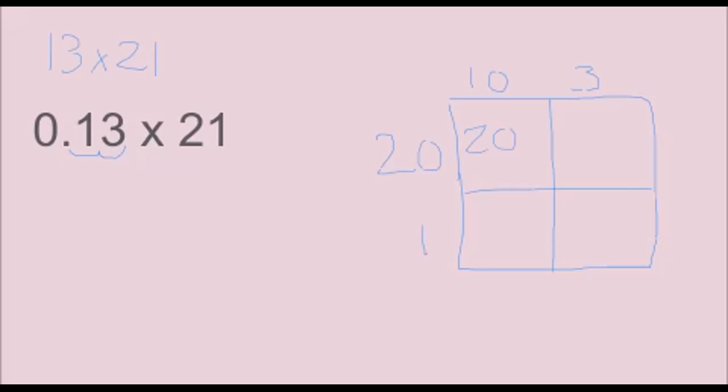So I'm doing my box method. I'm going to add them together. So we've got 260, 270, 273. Now I have 2 decimal spots.